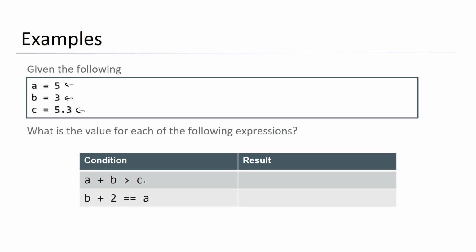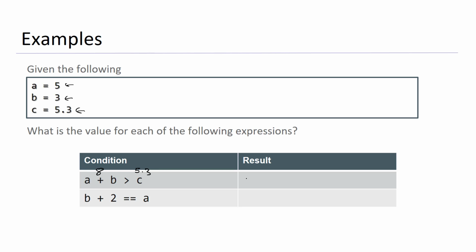The first thing you need to do when evaluating conditions is to apply math operators, because math operators have higher precedence than comparison operators. In this case, A plus B is equivalent to 8. The value of C is 5.3, and the condition boils down to whether 8 is greater than 5.3.